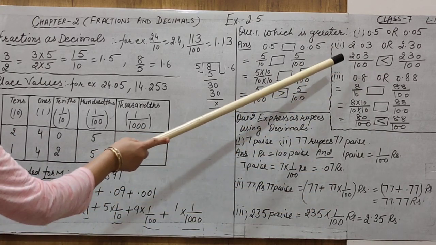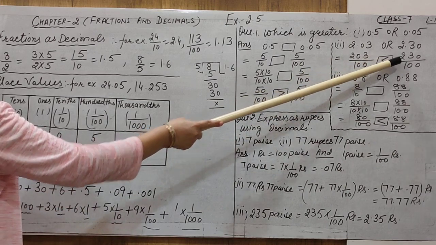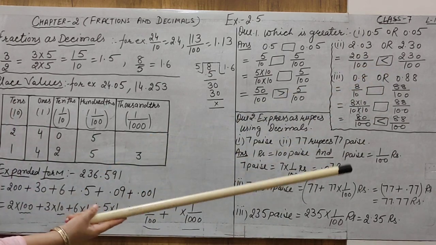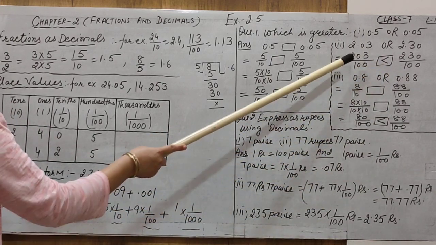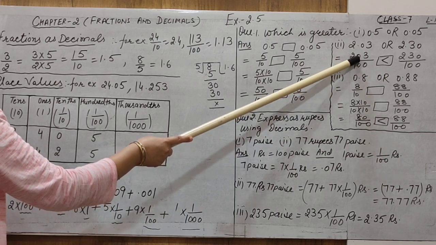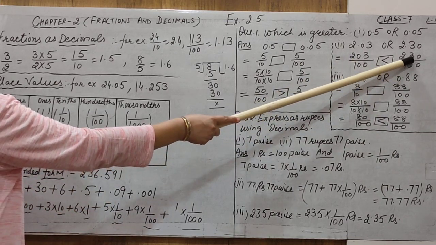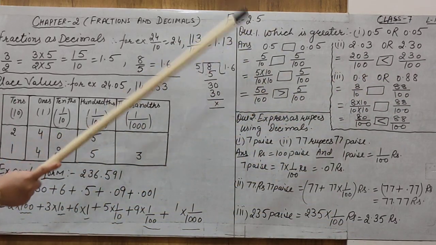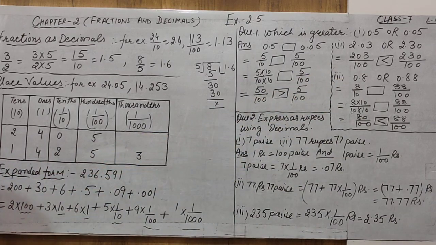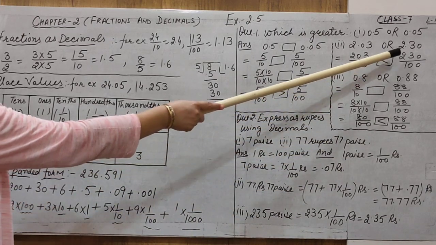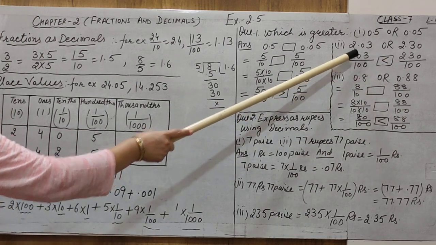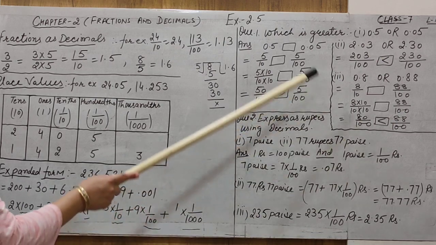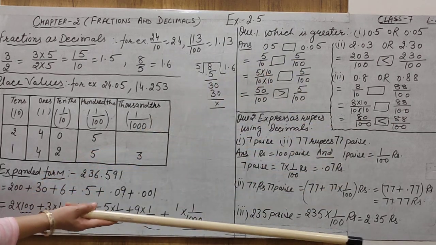Or you can compare at the hundreds place, where 2 is present in both, as there are 3 digits in each term. Now at the tens place, in the first number there is 0 and in the second it is 3. So 3 is greater than 0. That's why 230 is greater than 203. So 2.30 is greater than 2.03. Next question. Similarly, the question may ask which is greater, or it can ask which is smaller.